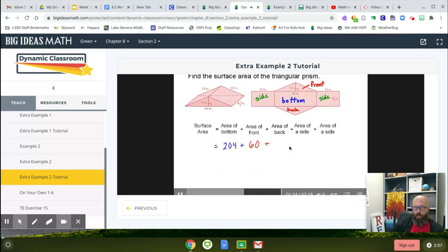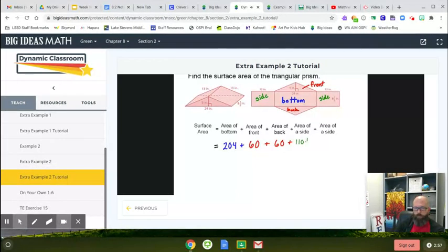The area of a side is 13 inches times 8.5 inches, which is 110 1/2. The area of the other side is also 13 inches times 8.5 inches, which is 110 1/2. Now we can add 204 plus 60 plus 60 plus 110 1/2 plus 110 1/2 is 545.